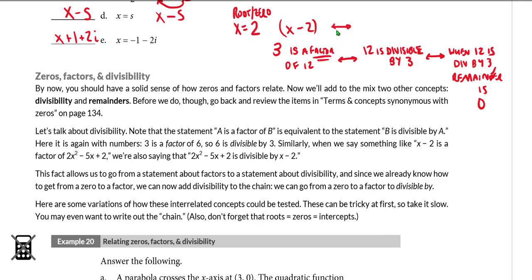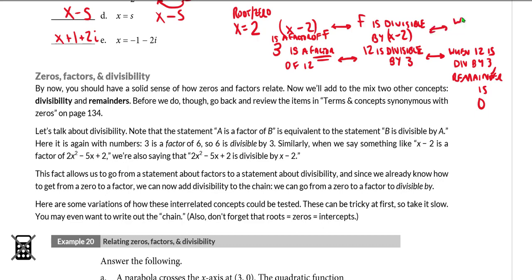That also means that the polynomial, and when we say polynomial, we're talking about a function. So x minus 2 is a factor of f, and then we know that f, the polynomial f, is divisible by x minus 2. Again, just equivalent statements.